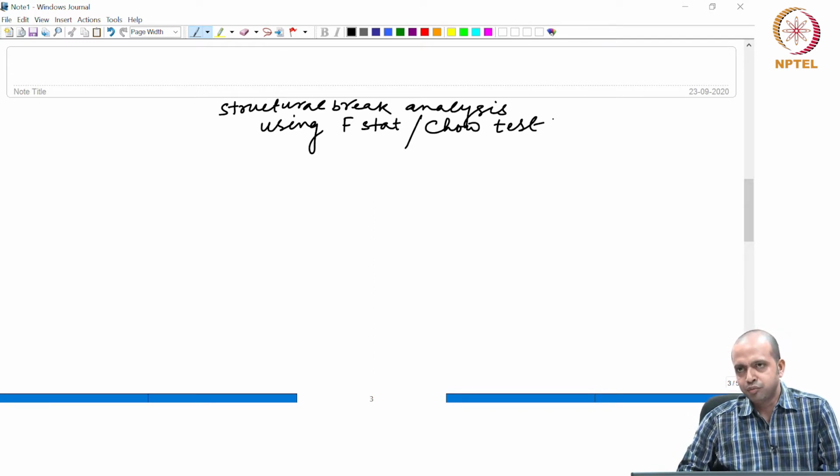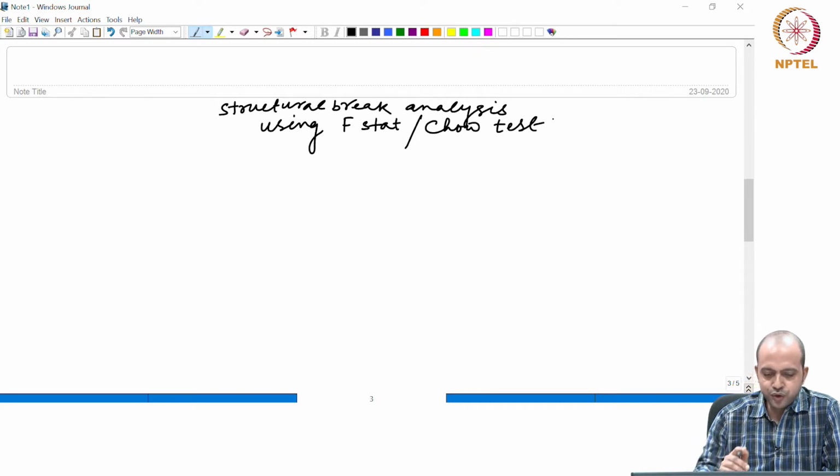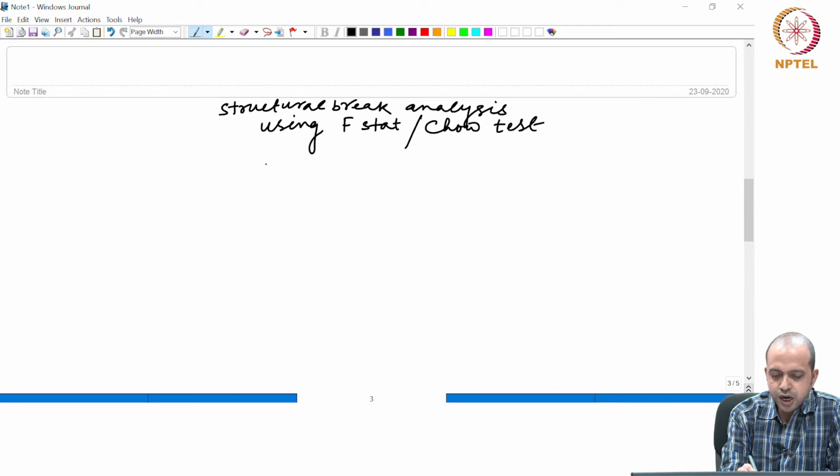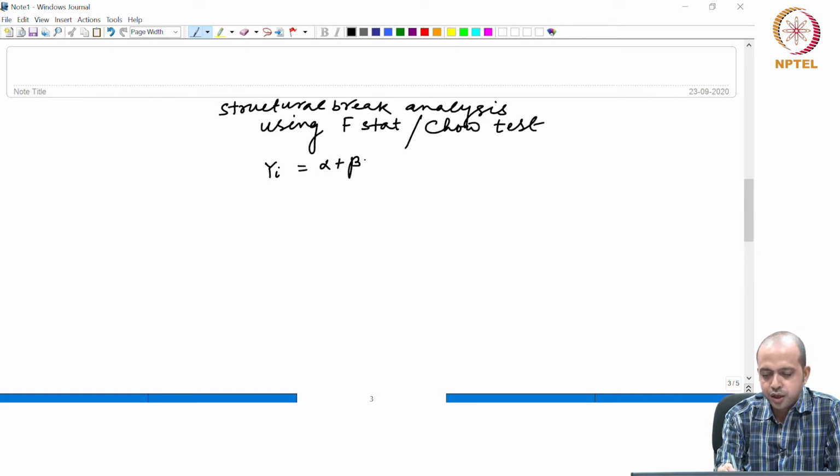I will give you an example. Suppose you are estimating a saving function. How does an individual behave in the context of saving, and we assume that yi, which is actually saving, equals alpha plus beta xi plus ui, where yi is saving and x is income.